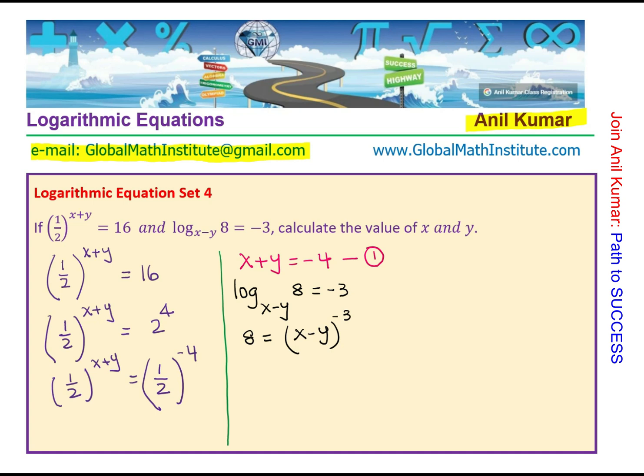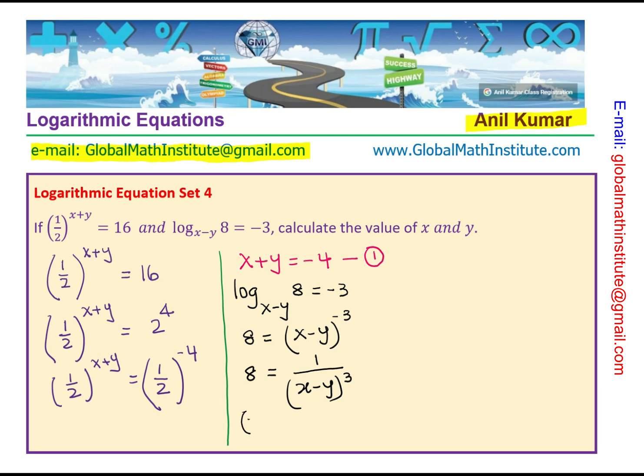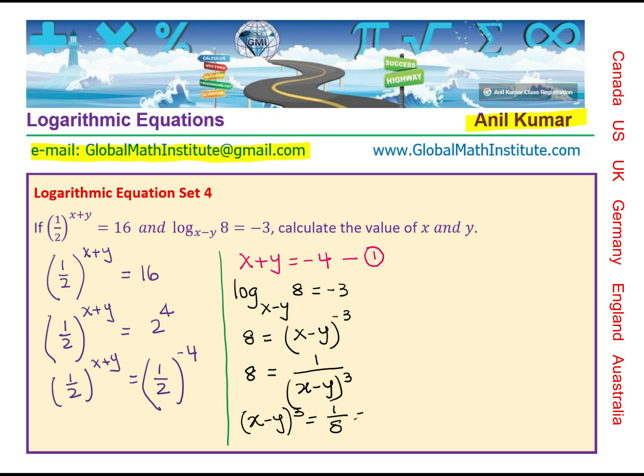Now, minus 3 really means what? 8 equals 1 over (x minus y) to the power of 3. Makes sense, correct? So, at this stage, we can cross multiply and rewrite this as (x minus y) whole cube equals 1 over 8. Now, 8 is 2 cube, and therefore, I could also write this as (1/2) whole cube.